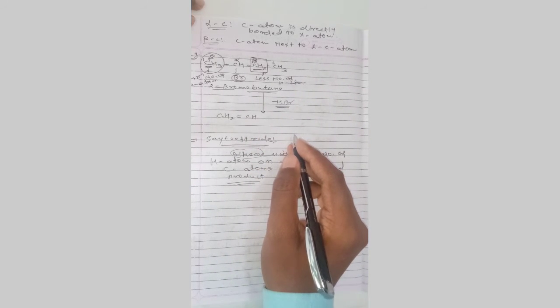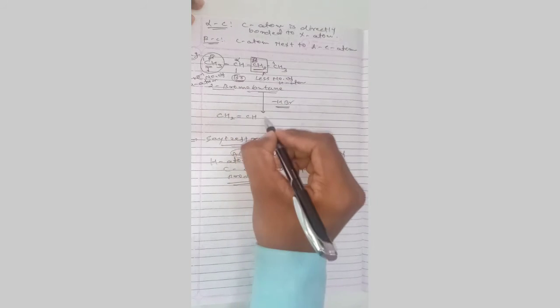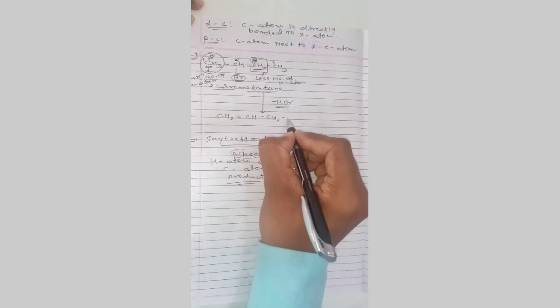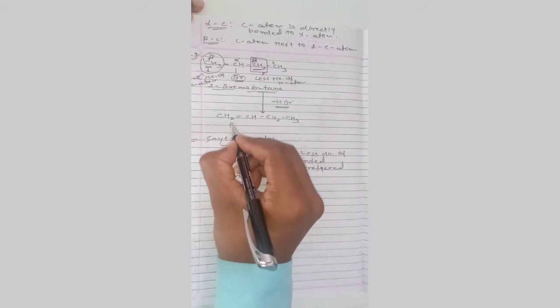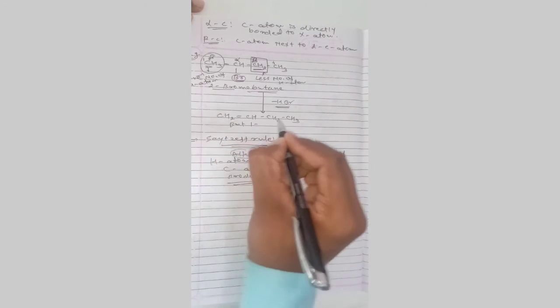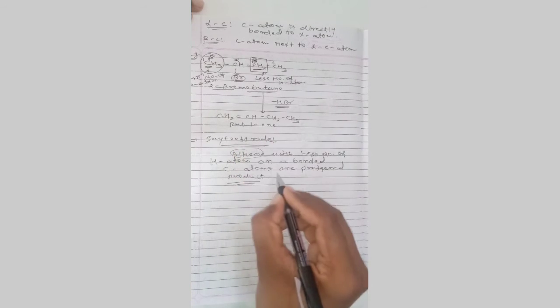The rest remains the same. So the product formed is but-1-ene.